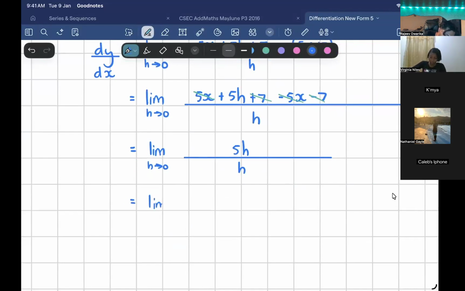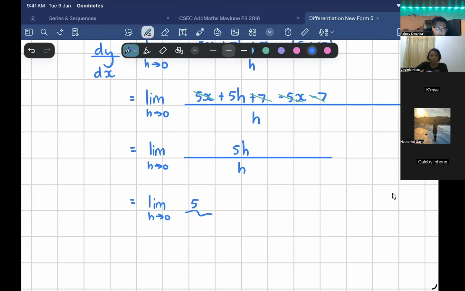Now, let me explain how limits work. You want to simplify as much as you can, cancel off and factorize as much as you can. Then you plug in where you're approaching. Obviously, here the h is cancelled off. Did we end up with an h anywhere to plug 0 into?